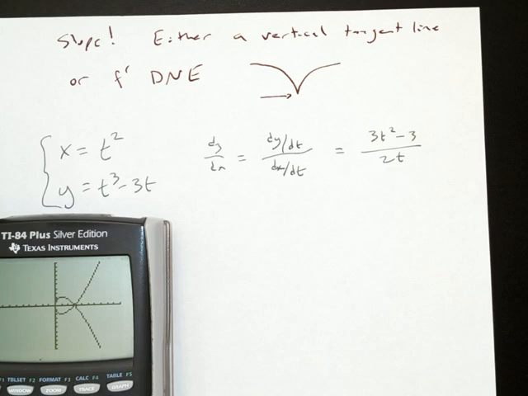What do you know about the coordinates of that point? y equals 0. Let's take y and set it equal to 0.